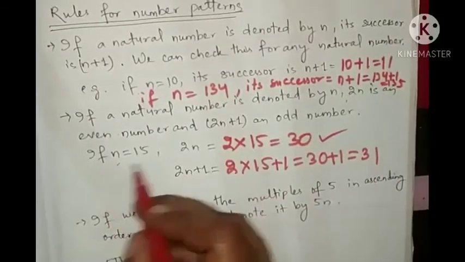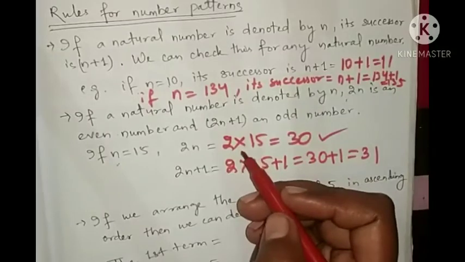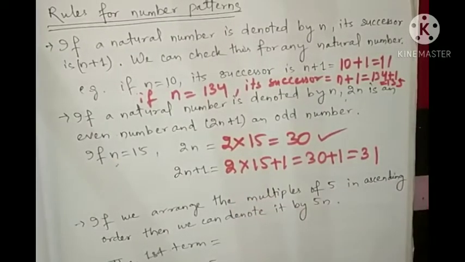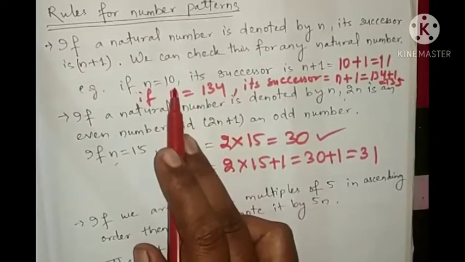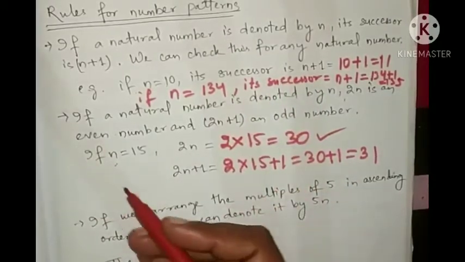So if we have rules, we can find the value. Here, if n is given, we can find the successor and we can find the predecessor.